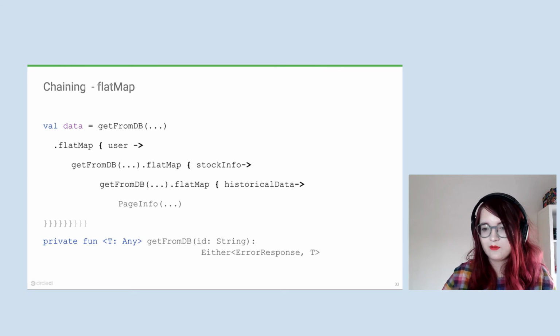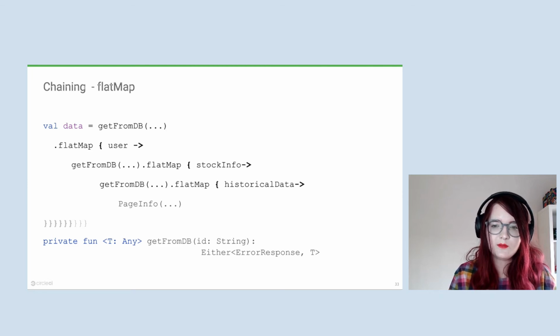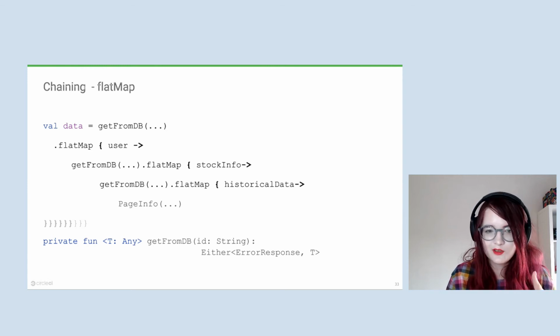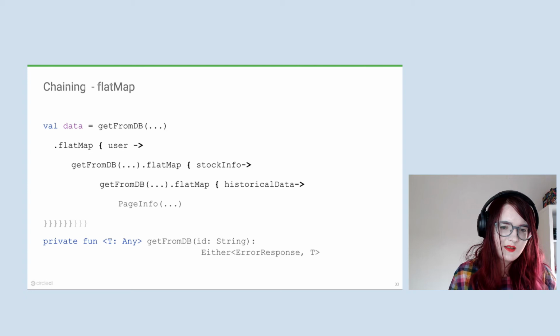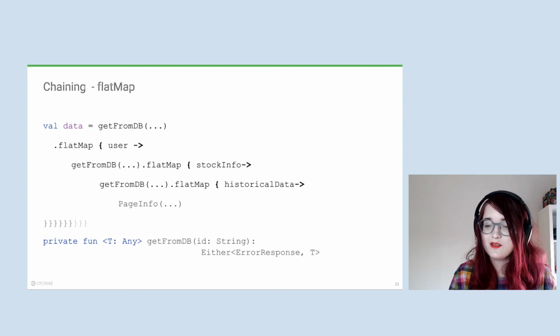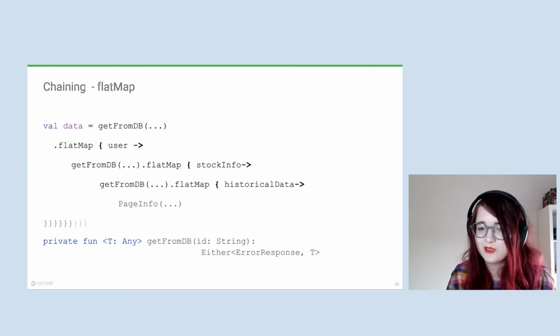But if every result is either right, you're just continuing calculating. So for example, here page info requires historical data, which is in either stock info, also wrapped in either, and user, which is also wrapped in either. Well, this isn't really looking that great.